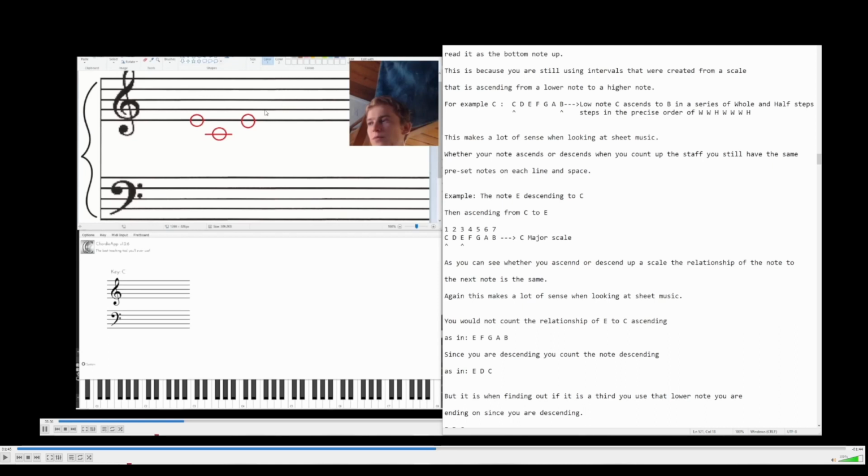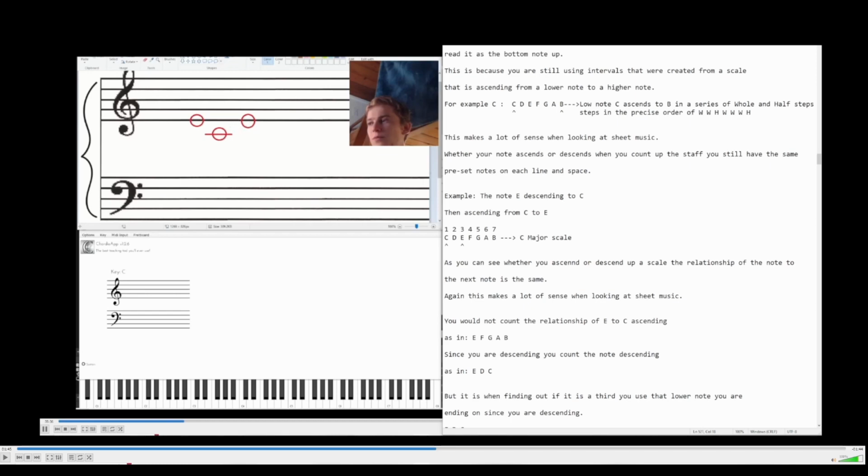We have certain notes attributed to each line. For example, this bottom note is our C, and this note here that's on the first line is our E. So no matter which order we're counting in, it's still an E here and it's still a C here. And because of that, the note in the middle of a C to an E is D, because we go C, D, E.